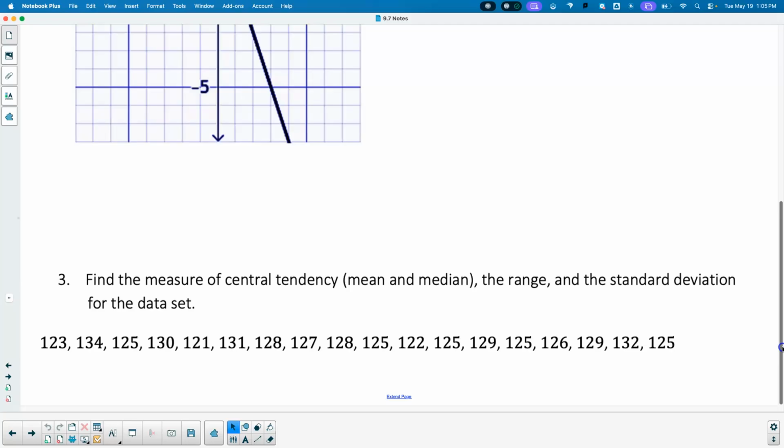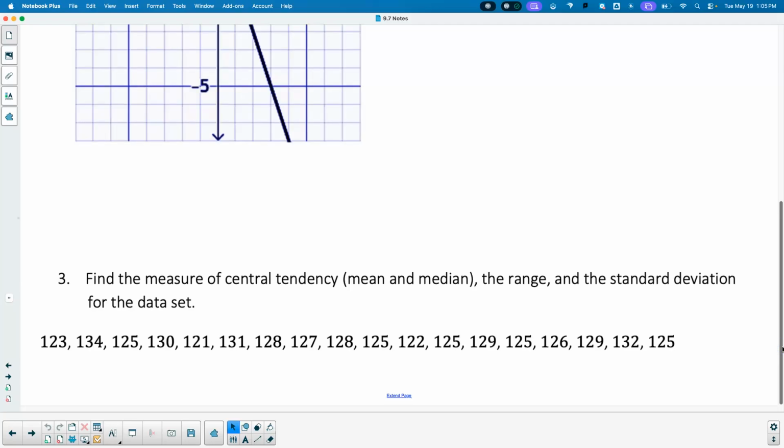And find the measure of central tendency, mean, median, range, and you don't have to do the standard deviation. So find me the mean, median, and the range for that data set. Okay? Go for it. Give you a couple of minutes to get that done.